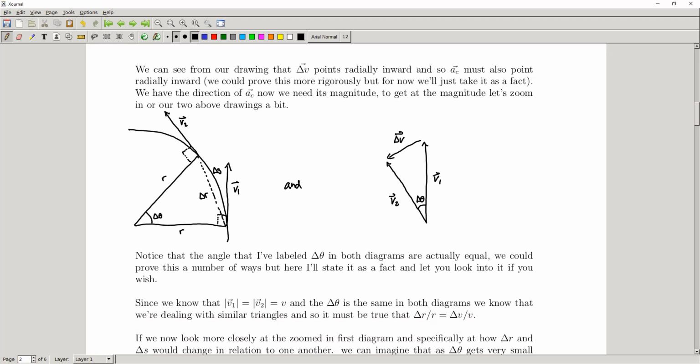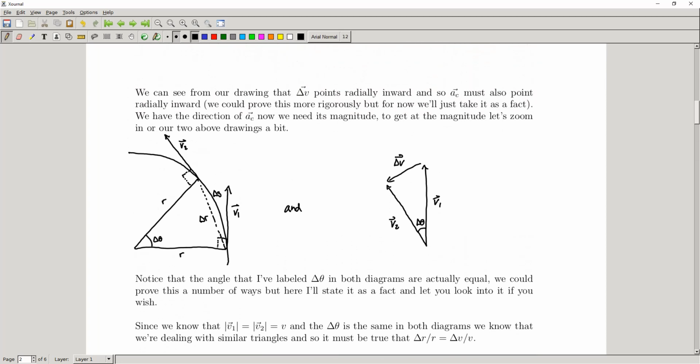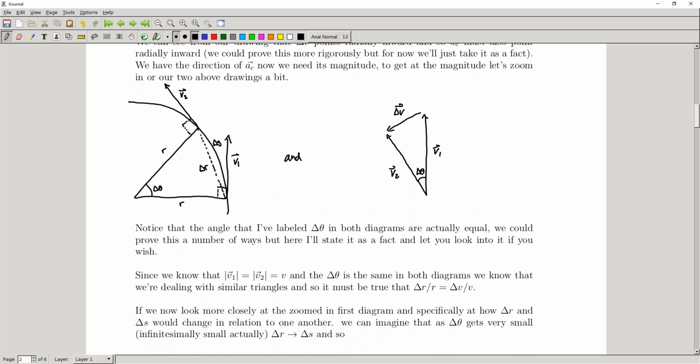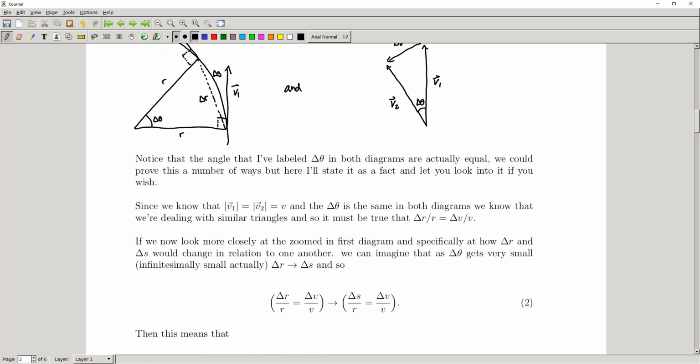And as I mentioned here, we could prove this fact about a_c pointing inward radially all the time more rigorously, but for this course it's sufficient to just understand that it always points inward, and we don't really need to worry about proving that. But what we are going to be interested in is finding the magnitude of our a_c, of our centripetal acceleration.